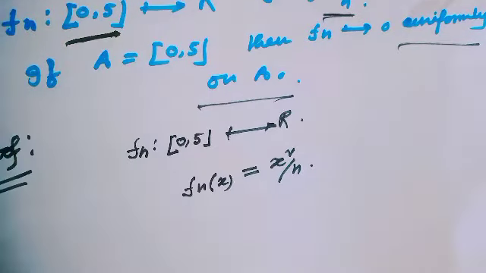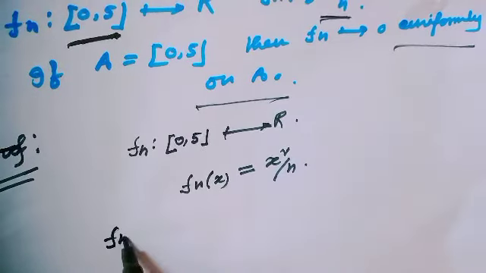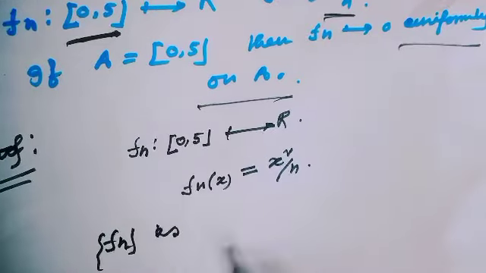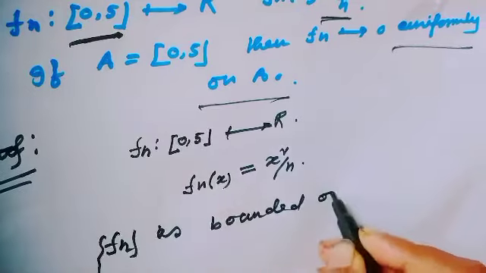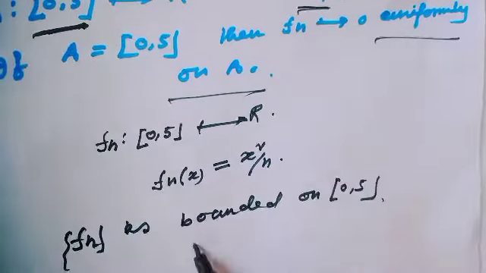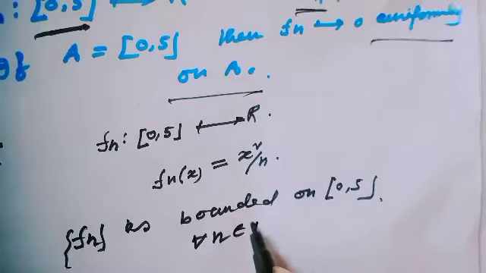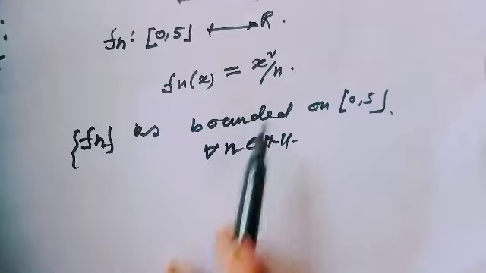That means the given sequence of functions fn is bounded on the domain [0, 5], and this is true for all n belonging to the natural numbers. Now, what is f?